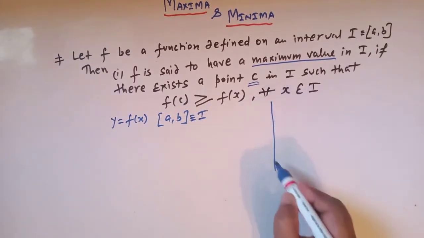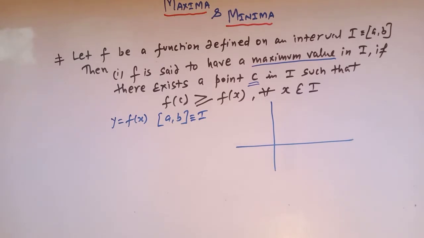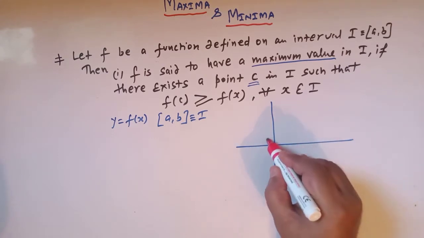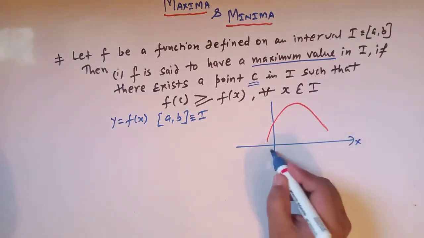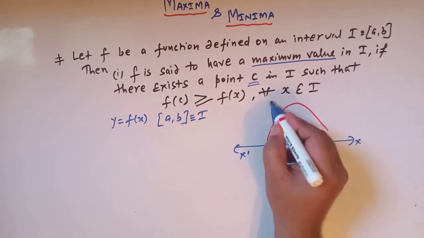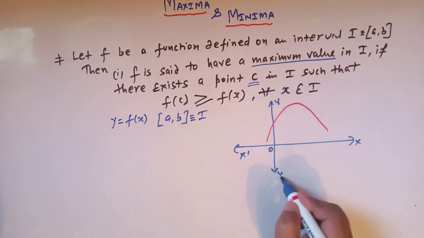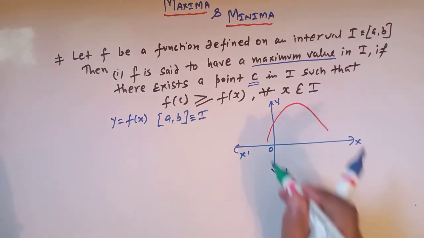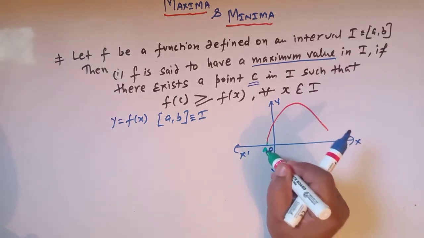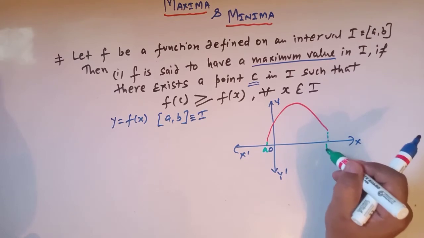So let us discuss it in detail. Suppose we have a function y equal to f(x), given in this interval [a, b], and this is the interval I. Now suppose the graph of this function is, say, this graph. Here we see this is x O x prime, this is y O y prime, and say this is a and this is b.